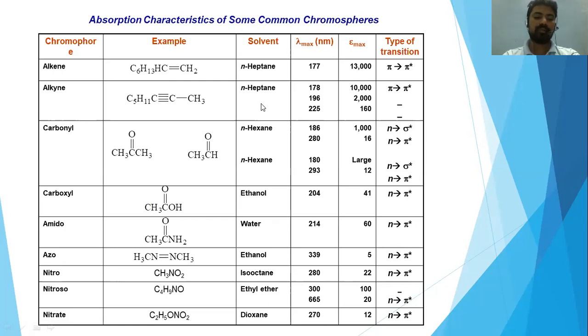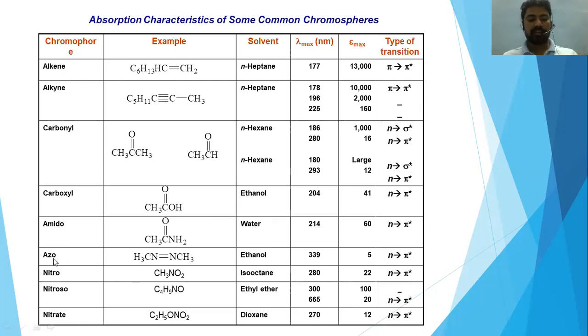Similarly, one more compound is a derivative of carboxylic acid. When a carboxylic acid is treated with ammonia, we will get an amide. It is a derivative of carboxylic acid. Now you can see the solvent is water. Whenever acetamide is dissolved in water, it will exhibit an absorption band at 214 nanometer wavelength value with an absorption intensity value equal to 60 liter per mole per second, and the transition taking place here is the n to pi star transition.